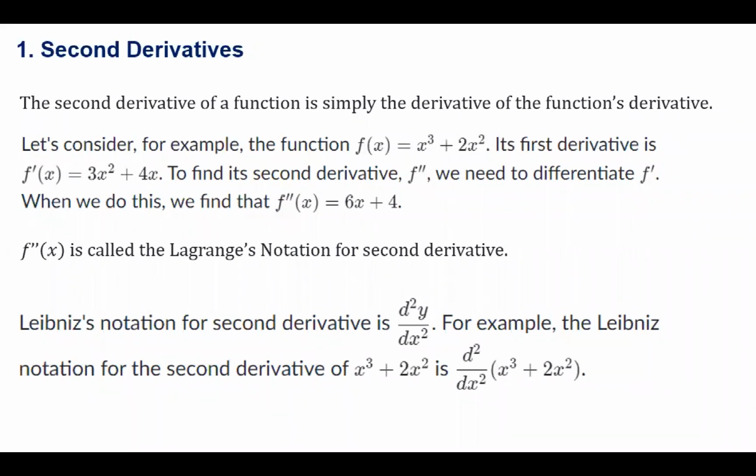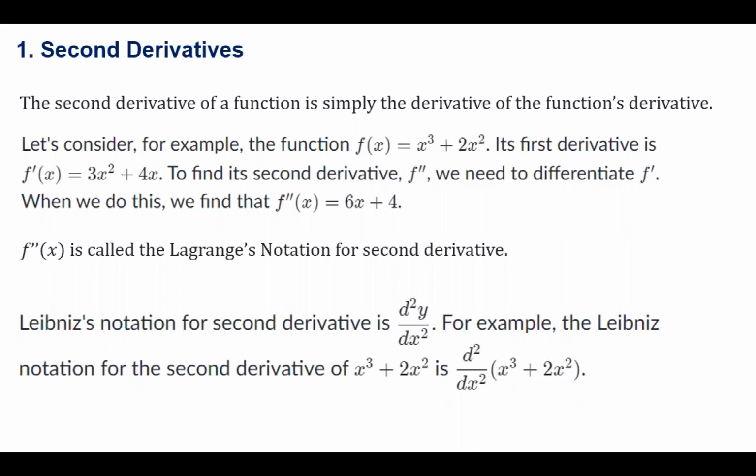So let's consider, for example, the function f(x) equals x cubed plus 2x squared. Its first derivative is f prime(x) equals 3x squared plus 4x, right? That's the first derivative, or simply called derivative. To find its second derivative, f double prime, we need to differentiate f prime.